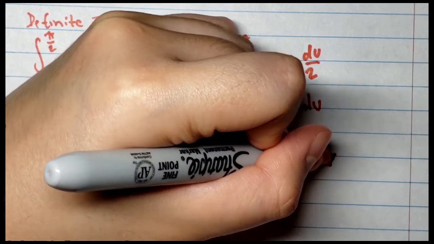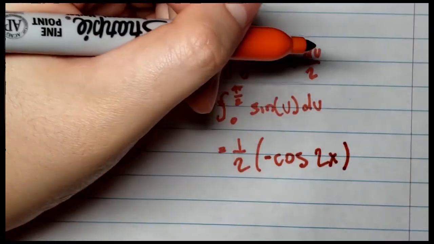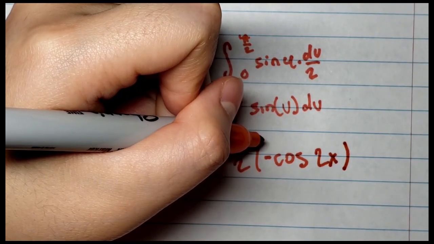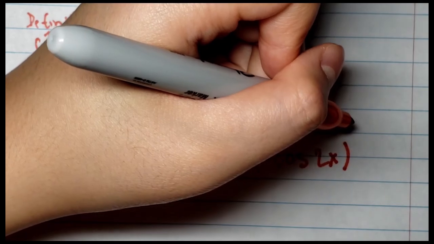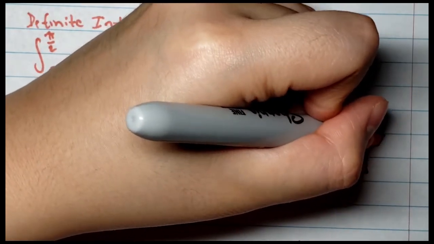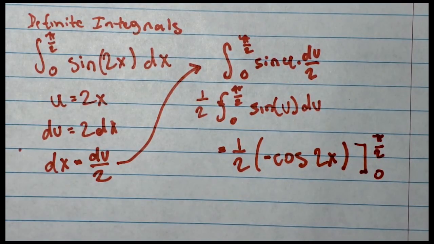So you would solve it as so, where the antiderivative is literally negative cosine of u, or 2 of x. And over here, I'm putting the upper bound and lower bound.